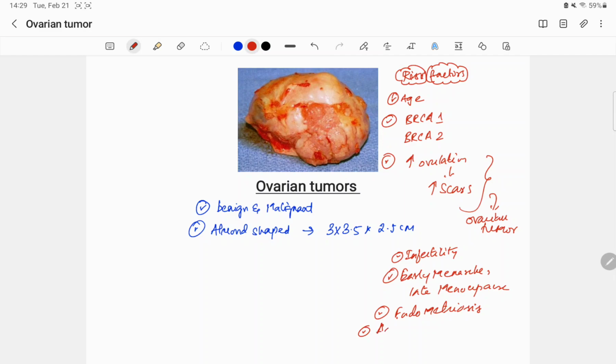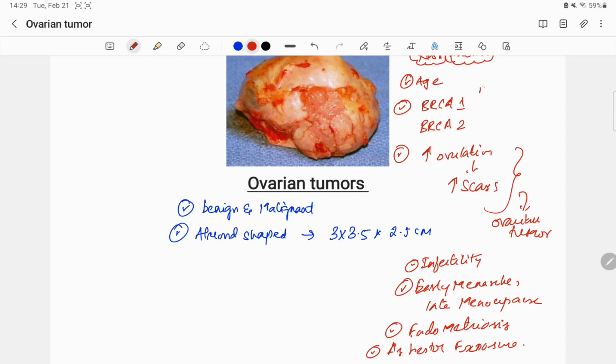Asbestos exposure can also cause ovarian tumors. So these are the risk factors or the causes of ovarian tumors, right? And most importantly, you have a family history. Family history of breast cancer, ovarian cancer and endometrial cancer can also cause ovarian tumors, right?